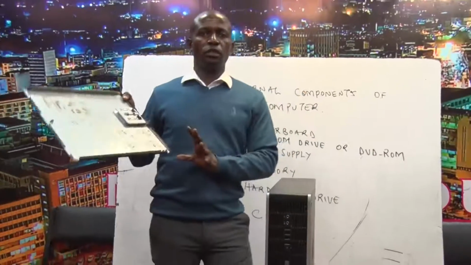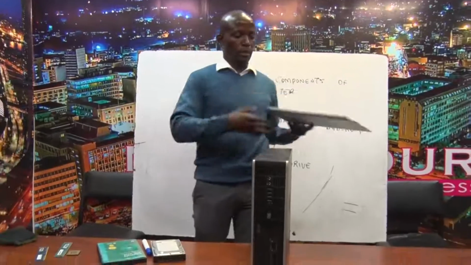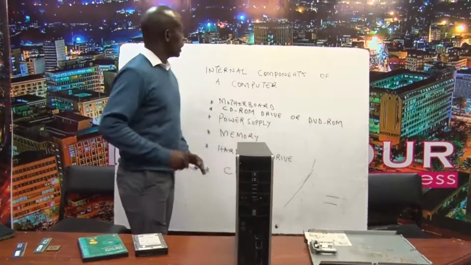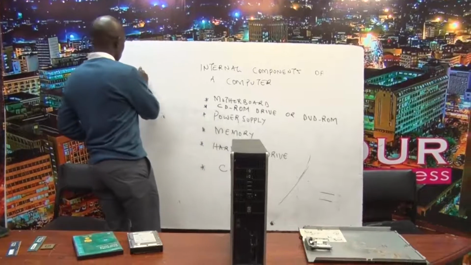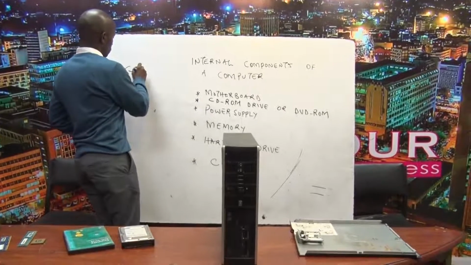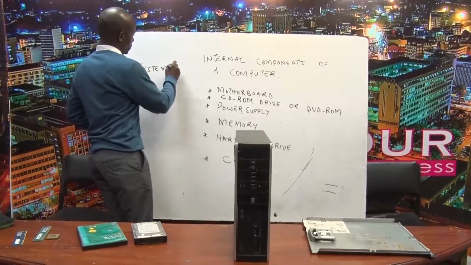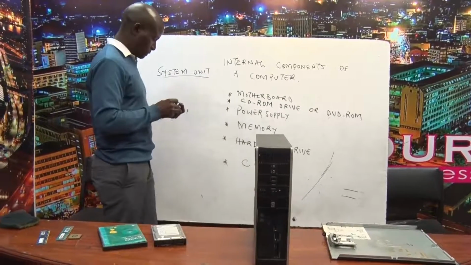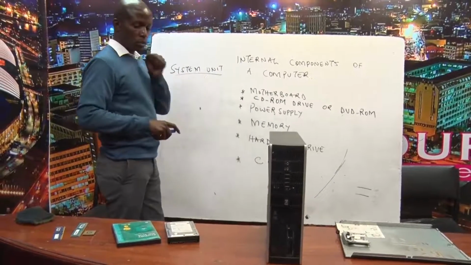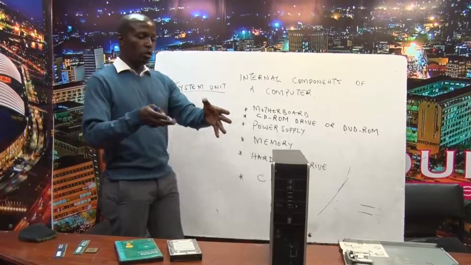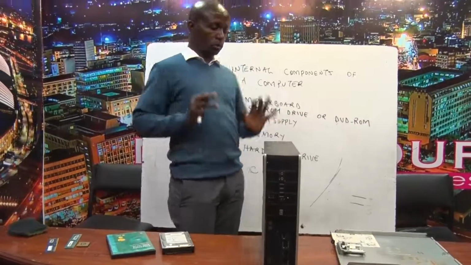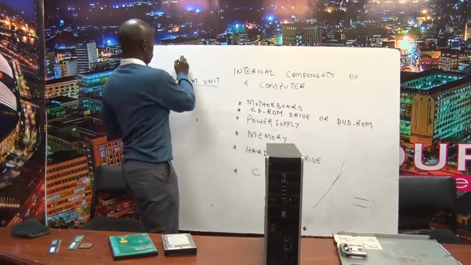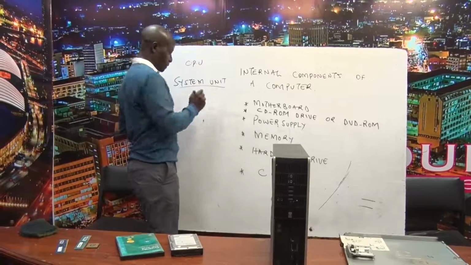Remember, this is part of the casing of my system unit. The name system unit, I want to explain this. A lot of times you'll find people refer to the whole of this box as the CPU.